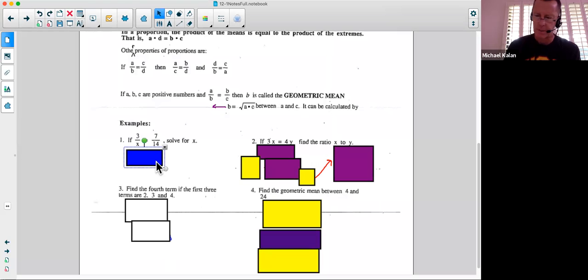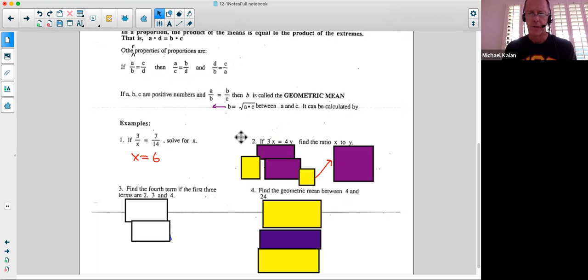And divide both sides by 7, you get x equals 6. Another way might be to say, wait, 7 over 14, the numerator here is half of the denominator. Well, if these are equal fractions or equal ratios, this numerator is going to have to be half of this denominator. That's another way of figuring it out. And there's others too.